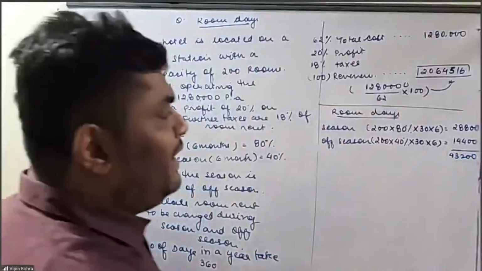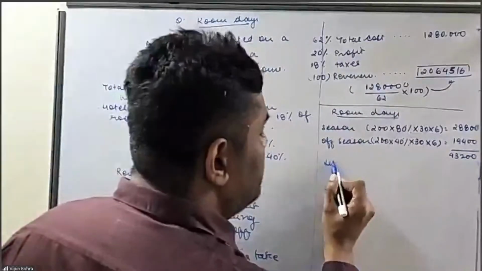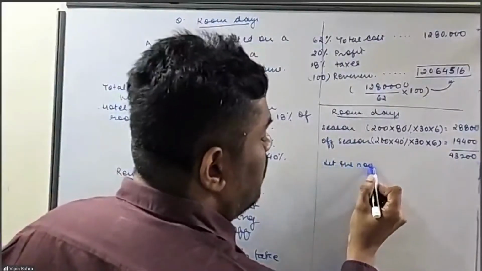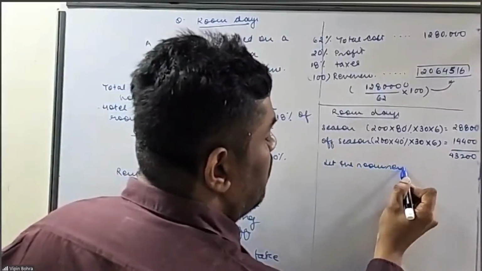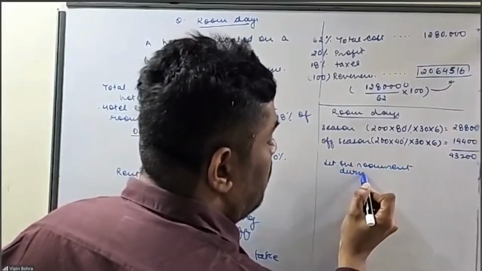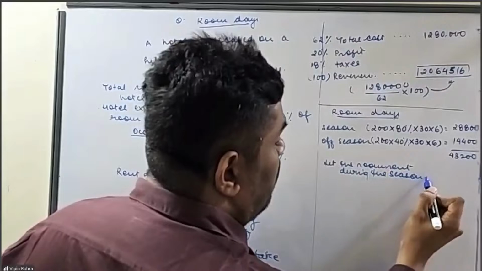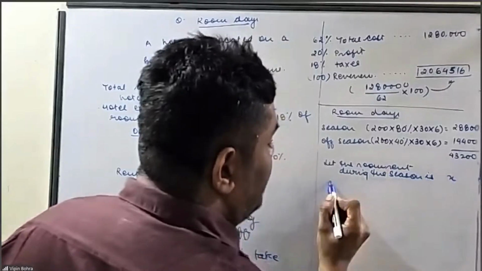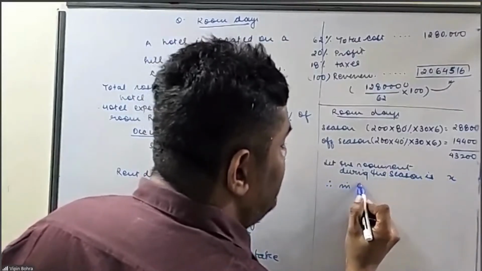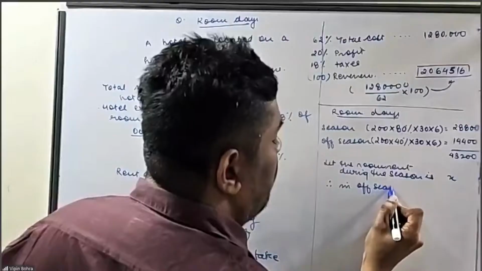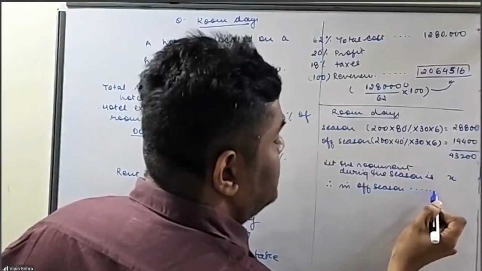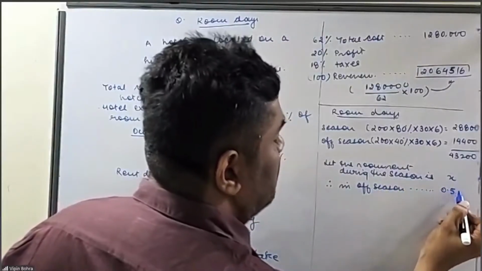Now let the room rent during the season be X. Therefore, in off season, it will be how much? 0.5x.